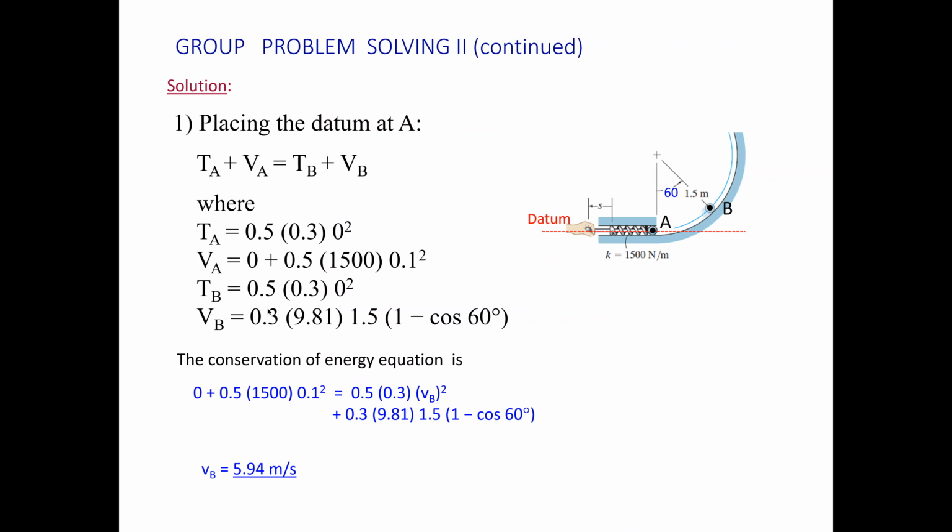Here's my weight, and then the author chose to write it a little bit differently, but basically you're trying to find from this point up how far it is, which is basically 1.5 minus 1.5 times the cosine of 60. So essentially you're subtracting out this component from 1.5.